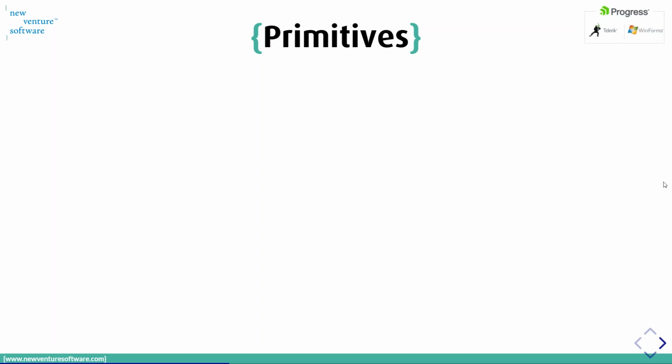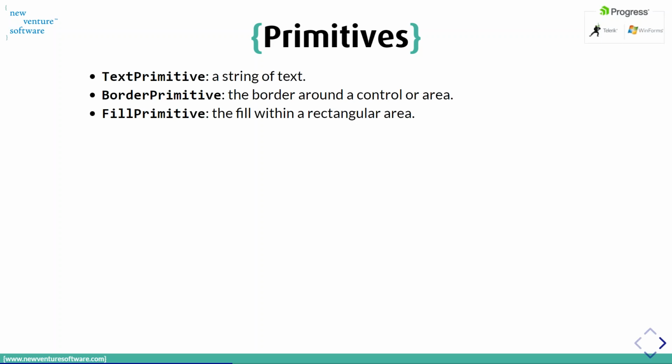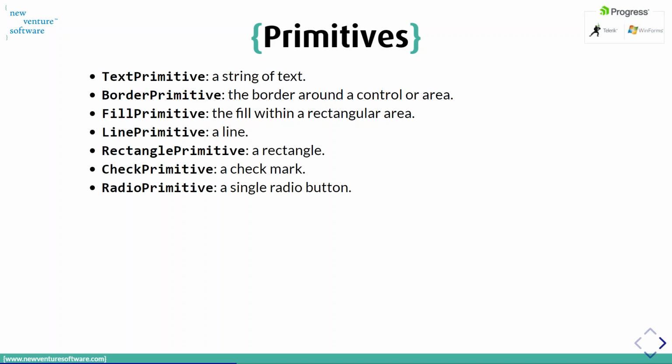So let's see what primitives we have. First, we have the text primitive, which represents just a string of text. But not only that. The border primitive represents the border around the control area. And we have the fill primitive, which represents the fill. Then we have two simple 2D primitives for a line and a rectangle.